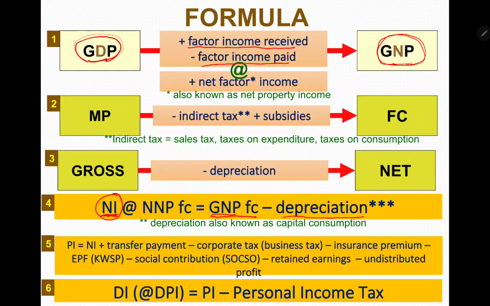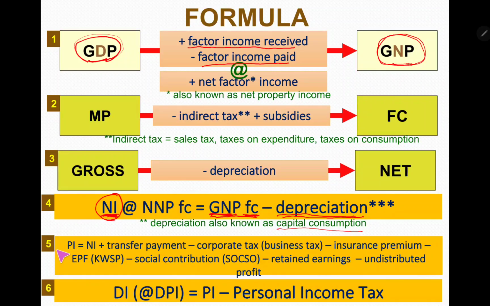You need first to change the value in the form of GNP and also in the form of this factor cost, and you minus depreciation, then you can get the answer for national income. And this item depreciation, if you cannot find the terms depreciation, then you can look for the terms capital consumption, because capital consumption represent depreciation.